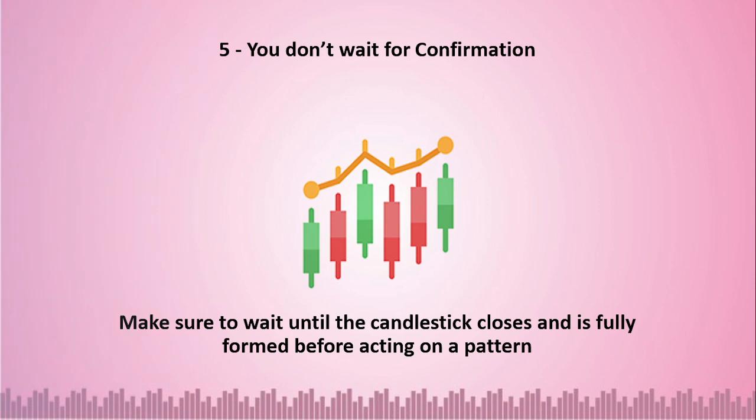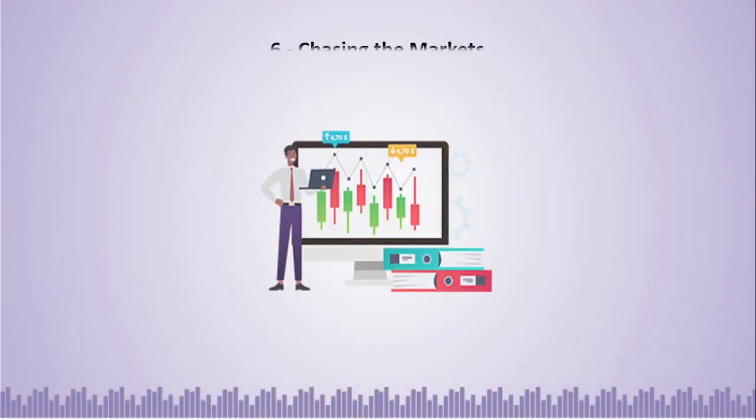Move on to common mistake number 6, chasing the market. When traders look at the chart and see a huge bullish movement, they think how bullish the market is. The market is going too high, let's buy.